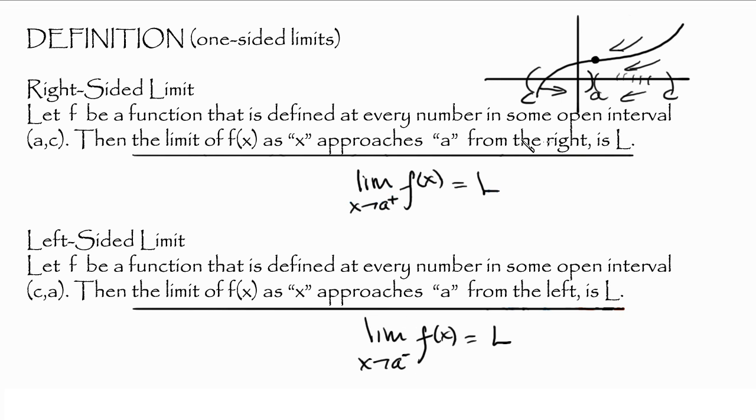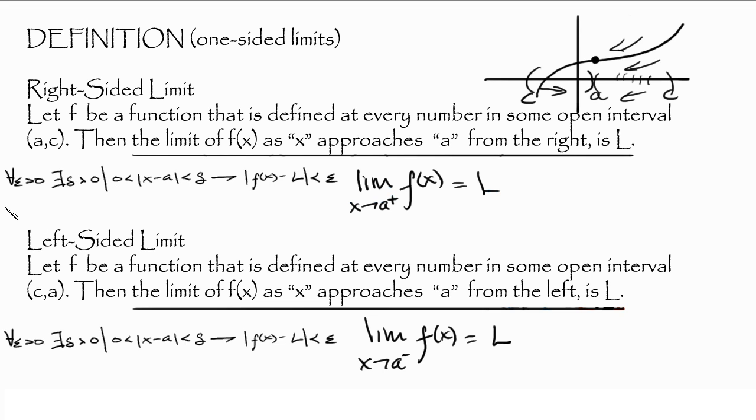Okay, so as far as the epsilon delta notation for the definition of a one-sided limit, to save time, I'm going to go back to the original definition I showed you guys before. Okay, sorry to cram everything in here, but basically this is what it is. This would be the definition, just like the original. The only difference is this.